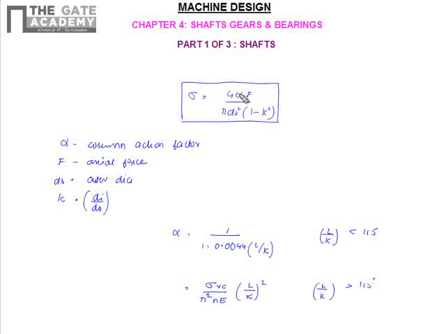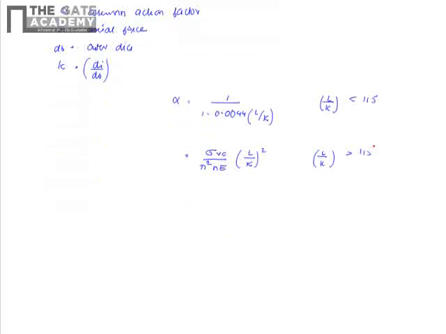And since buckling is very much familiar with the slenderness ratio of the shaft, the column action factor will also depend on the slenderness ratio, which is nothing but the ratio L by k.